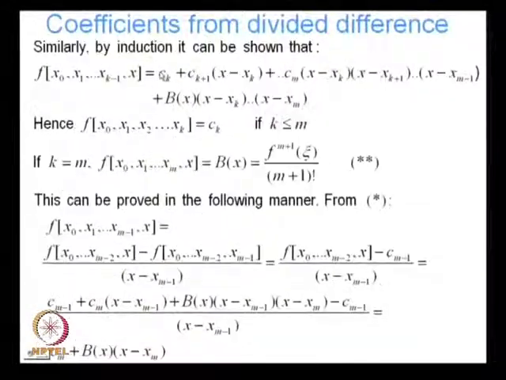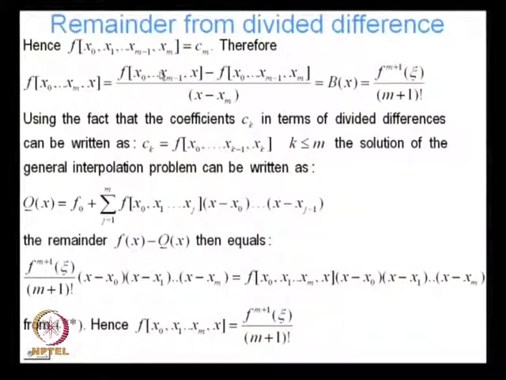If I do that, I can write q of x is equal to f0 plus the sum over j from 1 to m of f x0 x1 ... xj times the product. If j equals 1, I will have f x0 x1 times (x minus x0). The second term, j equals 2, will be f x0 x1 x2 times (x minus x0)(x minus x1), and so on and so forth.